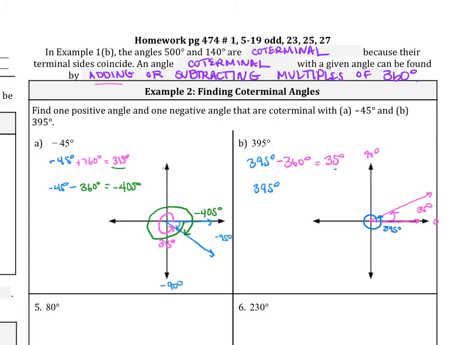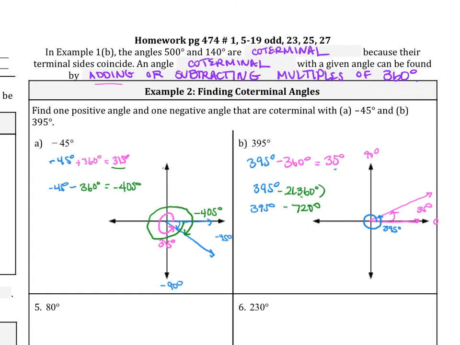So one way to look at that is I'm going to subtract 2 times 360 degrees. Because 2 times 360, that is 720 degrees. So that's a multiple of 360. So this is 395 degrees minus 720 degrees. So that's what it means by multiple of 360.